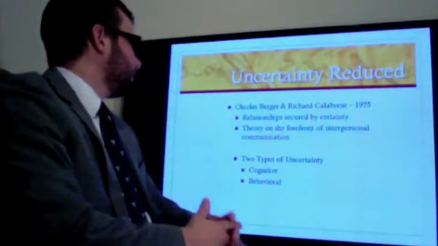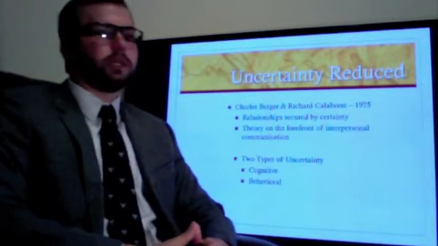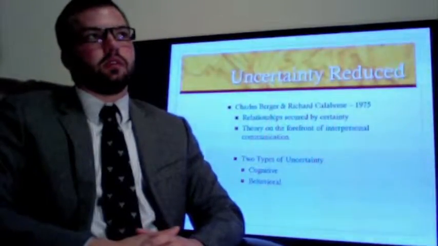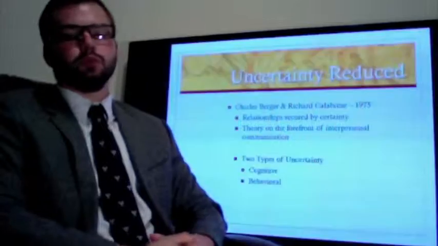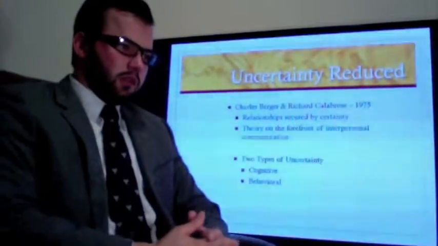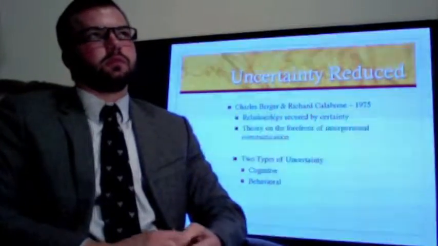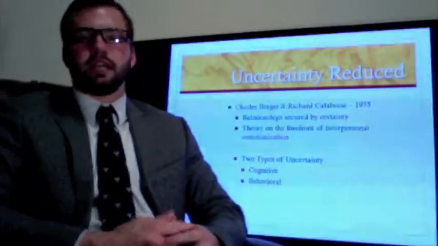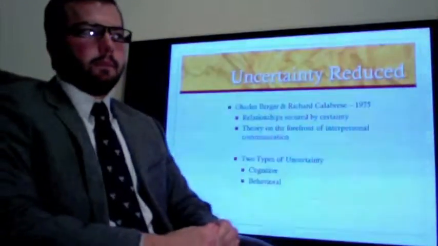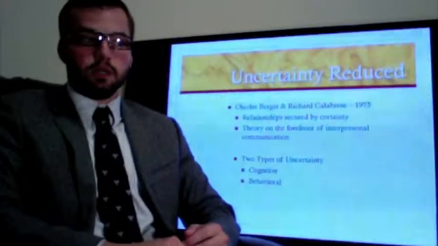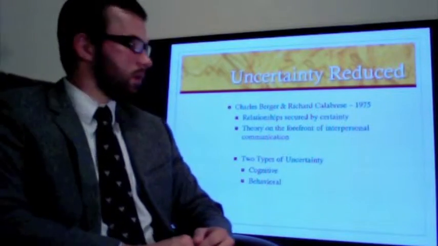The theory is on the forefront of interpersonal communication. It is really its own theory. A lot of other theories in interpersonal communication kind of have roots. This has some, but sort of a few theories pertaining to it, like attribution theory, etc. But really, URT is its own theory and really kind of a forerunner.